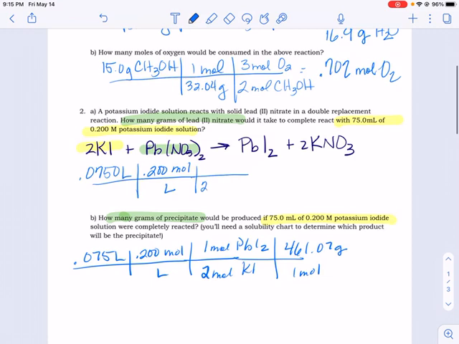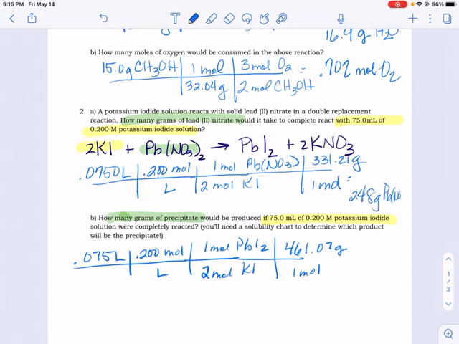There are 2 moles of potassium iodide that will react with 1 mole of lead nitrate. And we're solving for grams, so we need to know the molar mass of lead nitrate, which is 331.21 in 1 mole. And when we do the math, we get 2.48 grams of lead nitrate.